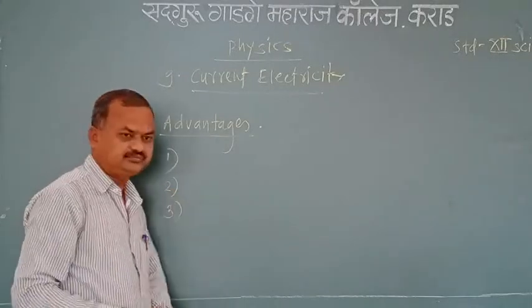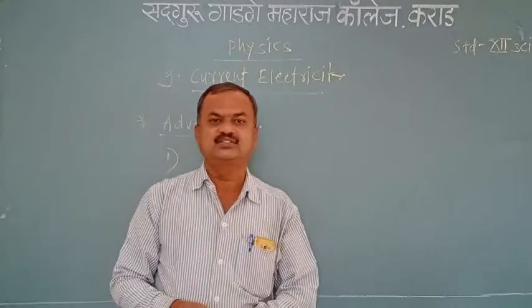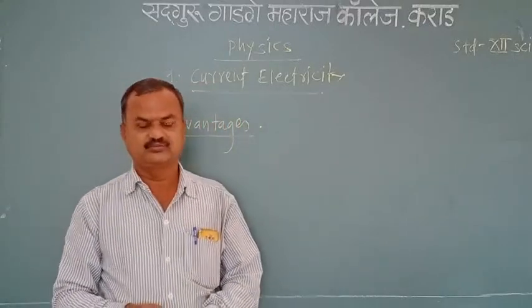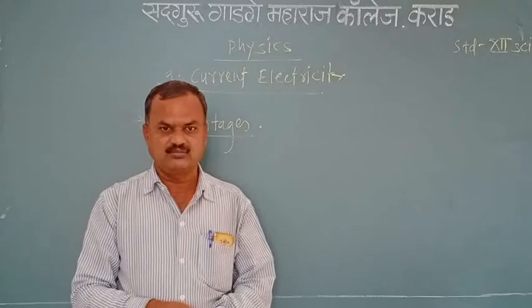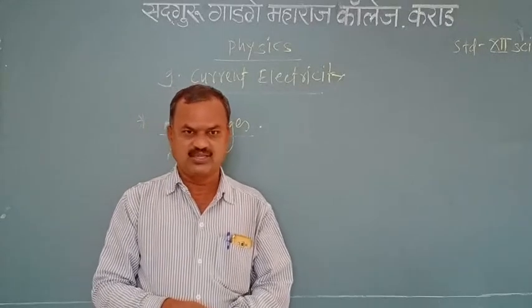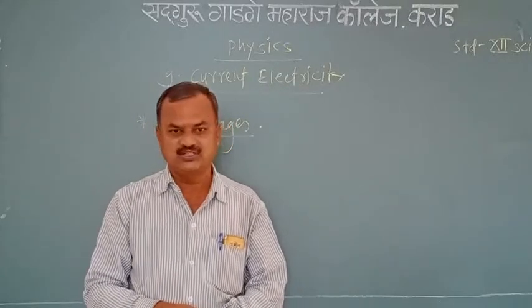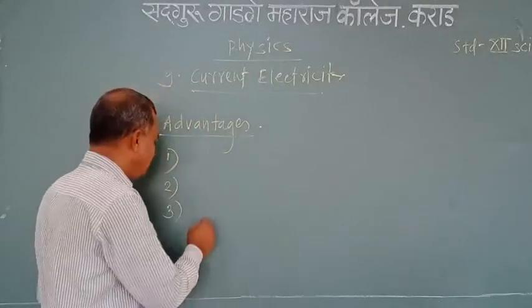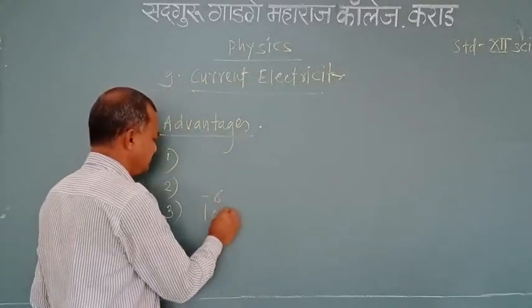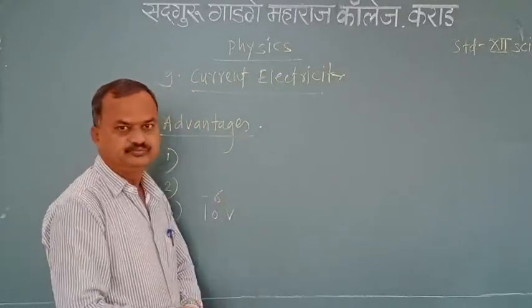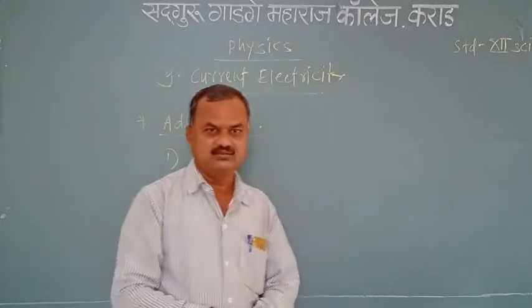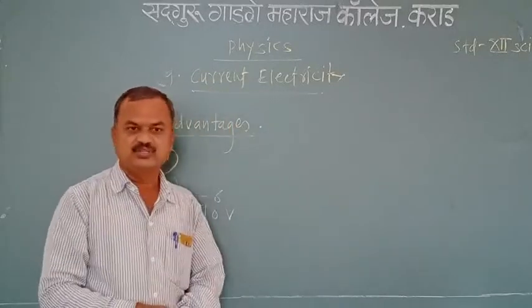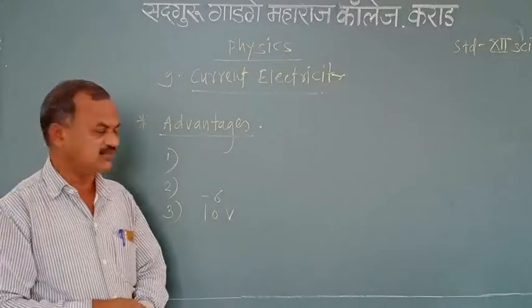And third, potentiometer is more accurate than voltmeter because potentiometer can measure very small potential difference, near about 10 raised to minus 6 volt. Due to that reason, potentiometer has some advantages over voltmeter.